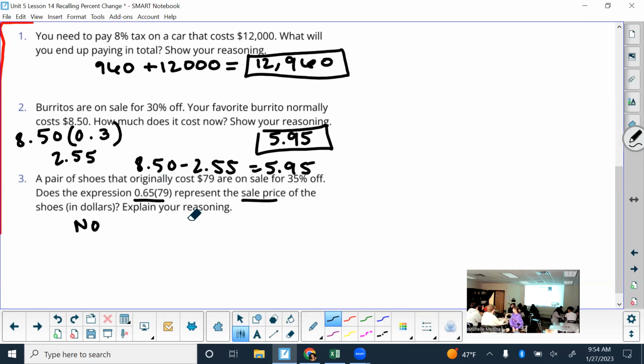Okay, so the question was, is it 0.35 and then what? Is that it? What do you do with that 0.35? So would that give me the sale price?